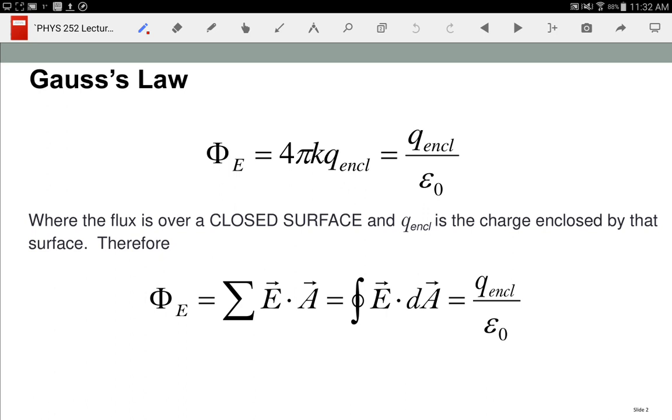So just a reminder here, Gauss's law is a fundamental law of electromagnetism that relates the charge to the electric field. Coulomb's law and Gauss's law, it turns out, are fundamentally the same law, just different expressions. Gauss's law has two types of expressions: an integral form and a differential form.